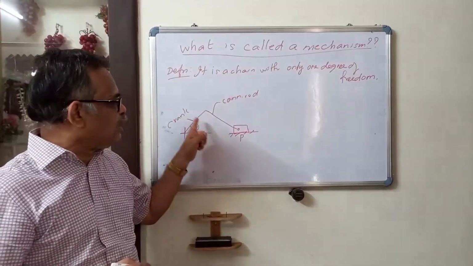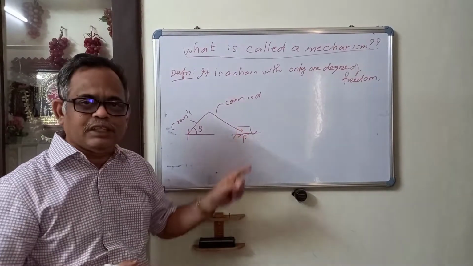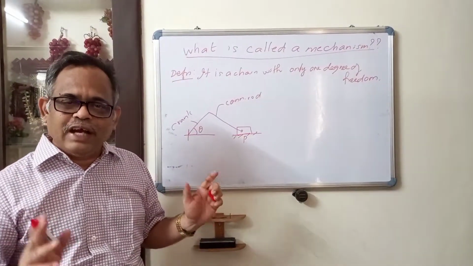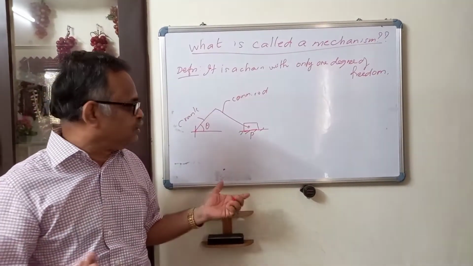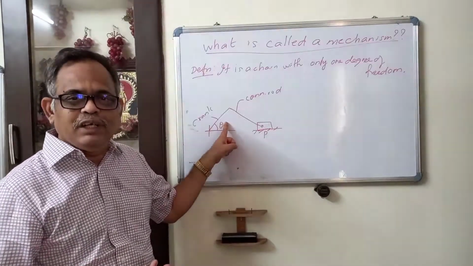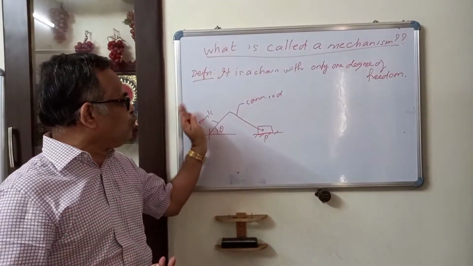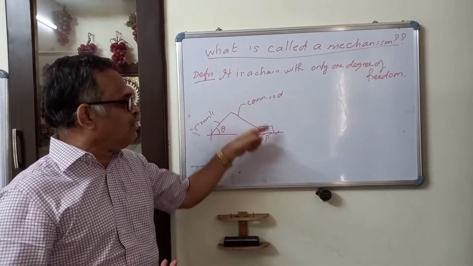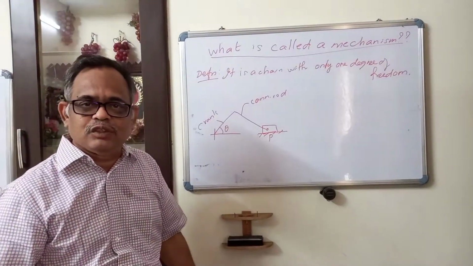For a given theta, everything is fixed. Can it change? It cannot change. So here, the degree of freedom is only one variable, theta.